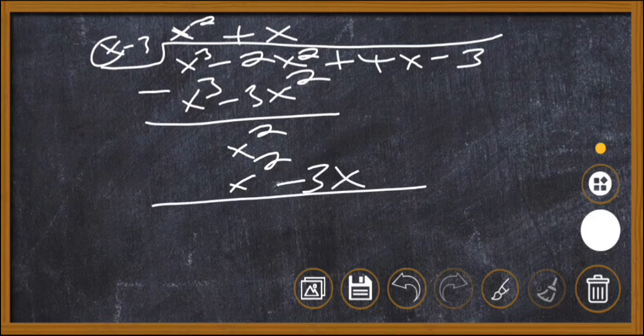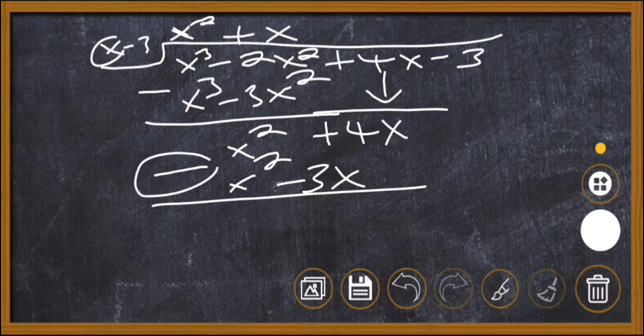Since we have the value that has x here, we are going to drop this one so that we have 4x here. In this case we are going to subtract. Negative multiplied by negative is positive. We know that x squared minus x squared is 0, so we just focus on this part.